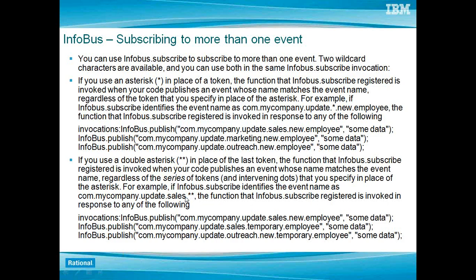So all those events that start with the string com.mycompany.update.sales, and have different remaining characters or different names for this event. By using this asterisk, we can reach all those missing names or labels. So in this way we can subscribe or publish multiple events.